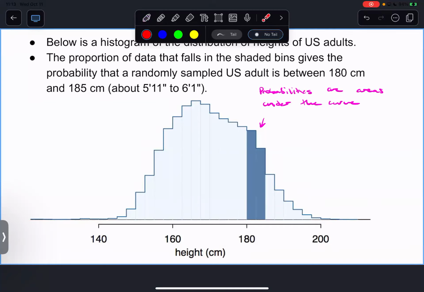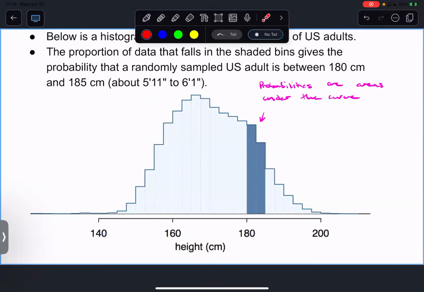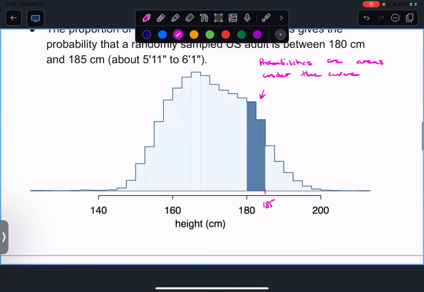Okay? So what we're looking at here is the probability that a randomly sampled US adult is between 180 centimeters and 185 centimeters. So we've got this range of heights that we're interested in, right? 180 to 185. And to find the probability, we find the area under the curve.